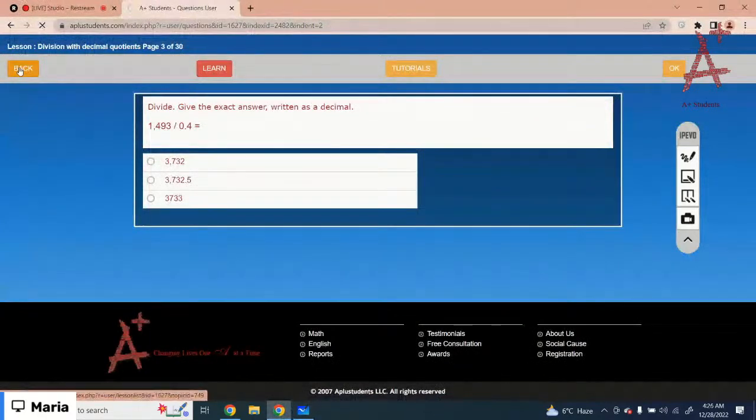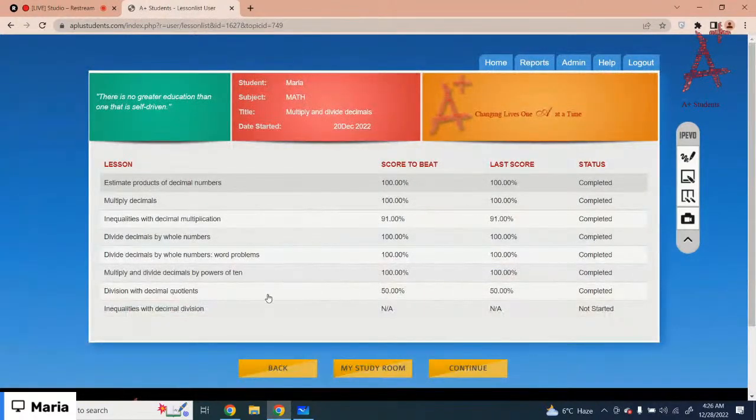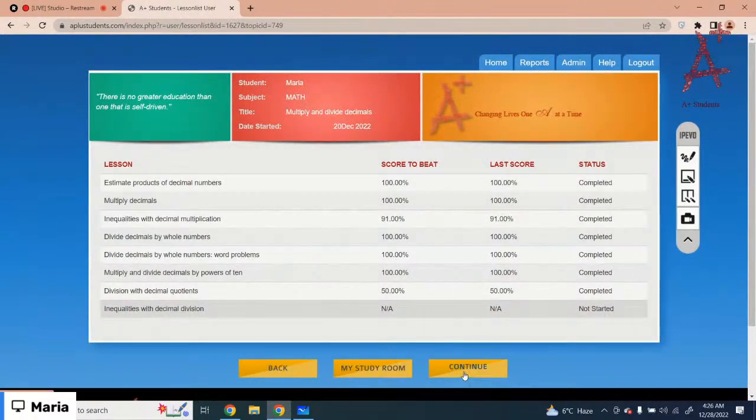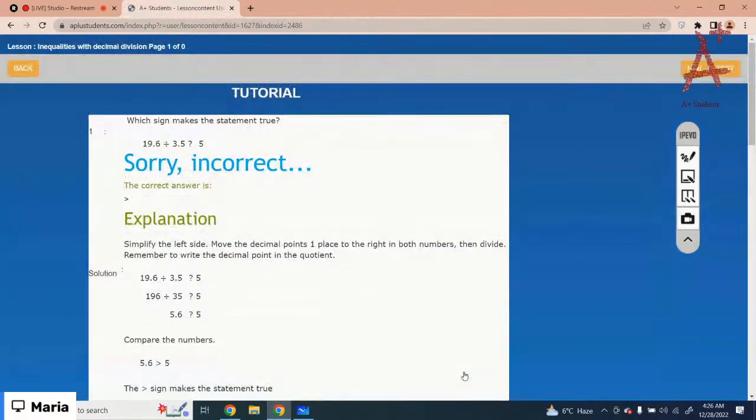Okay, the next lesson is inequalities with decimal division. Let me just go to the test.